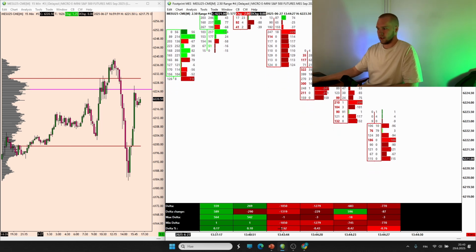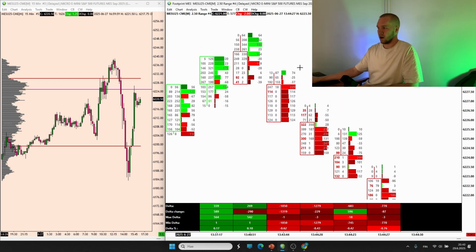And we have even very big, you can see here minus 1,000, and the delta percentage is 60%. So 60% of the total volume in this footprint here was sellers, right? We don't have a lot of imbalances, but look at this. 0 buyers, 0 buyers, 0 buyers.